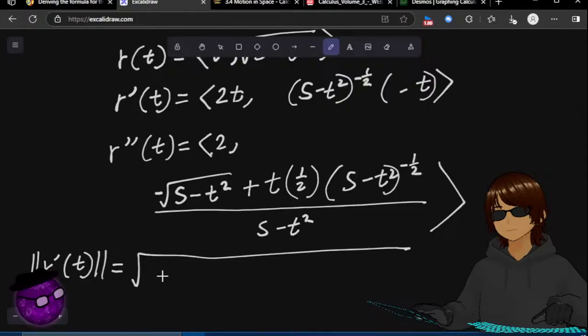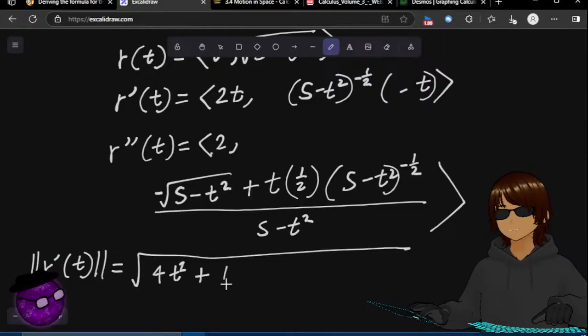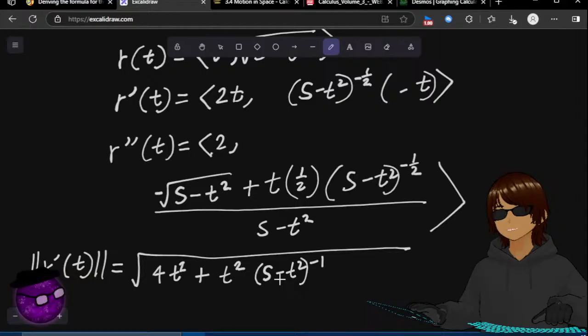Four t square plus the square of this t square and the square of this. This is the speed.